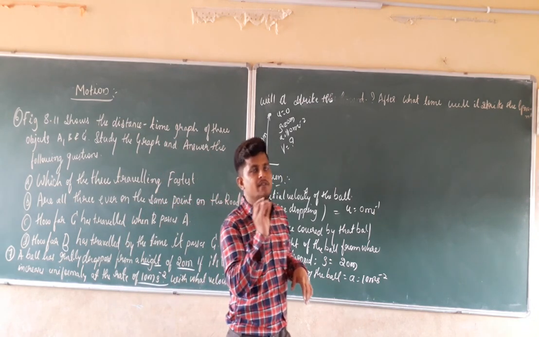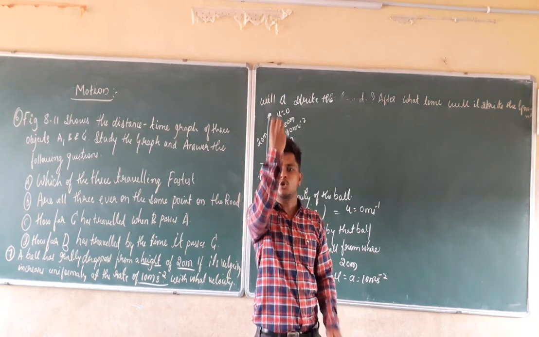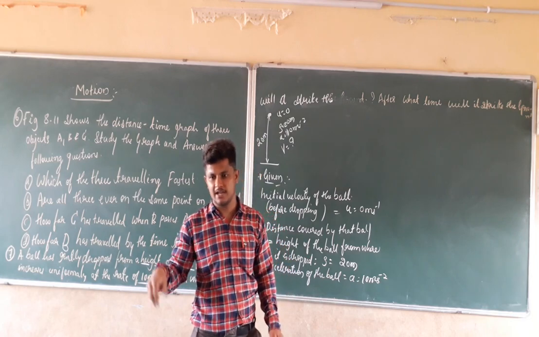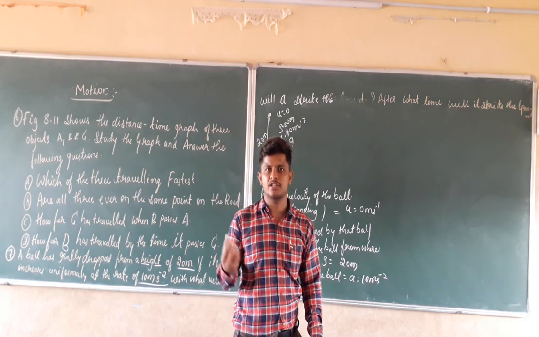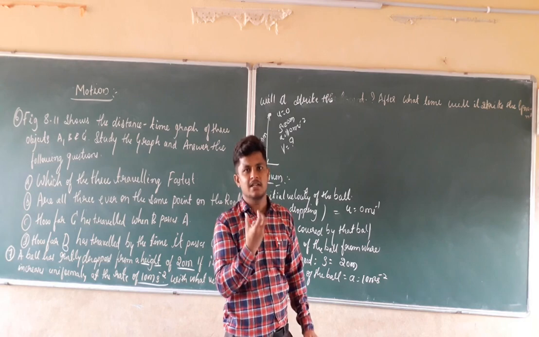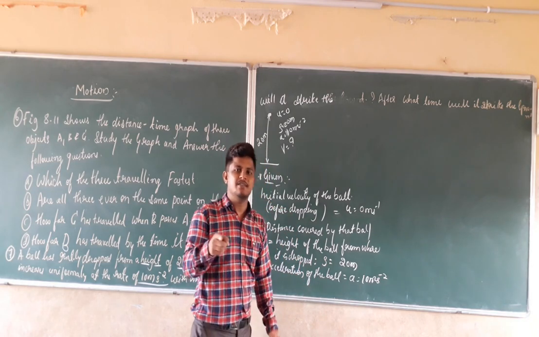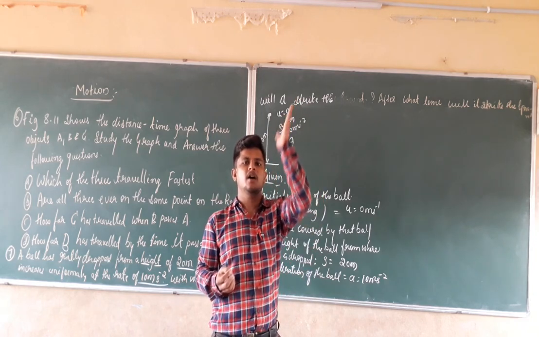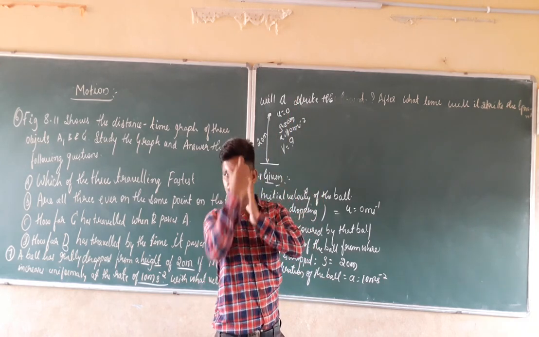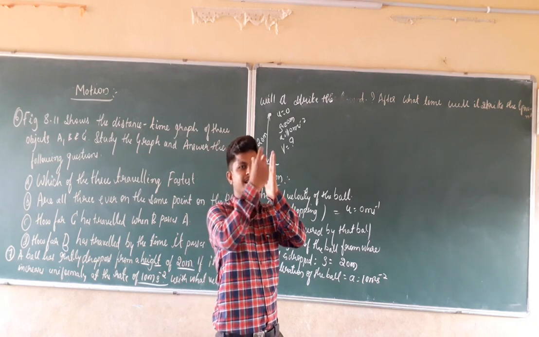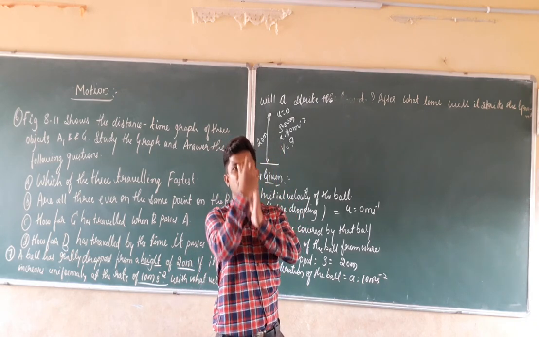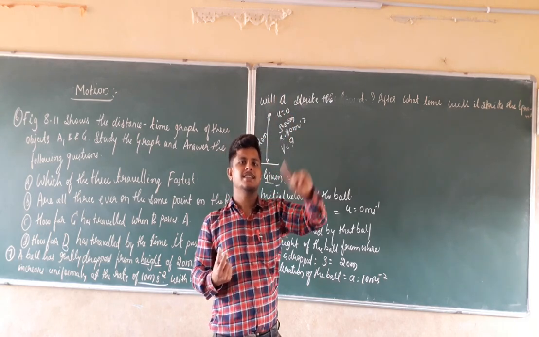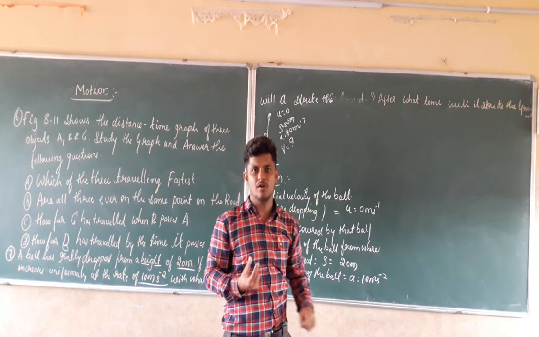When you throw the ball vertically, there is a gravitational force of the Earth attracting that ball towards the Earth. That value is 10 meter per second square. If I throw the ball vertically upward, it is going in the opposite direction to the gravitational force. That is, the acceleration due to gravity is acting opposite to the movement of the ball. For that reason, we take the value as negative.